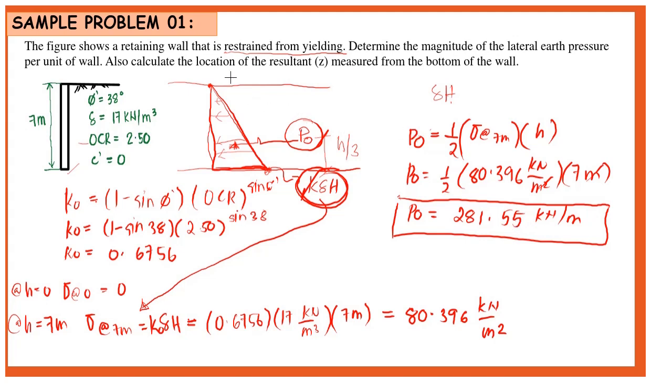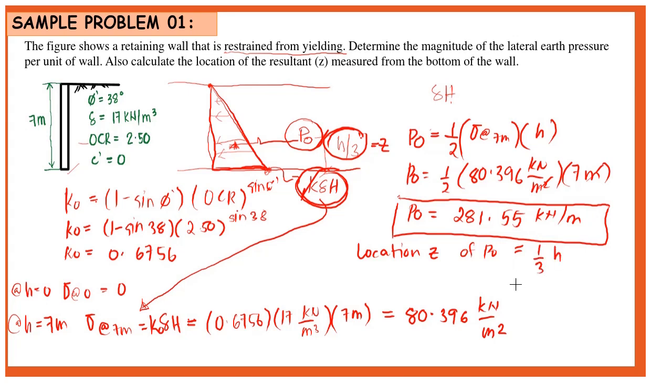And then we also have to calculate the location of the resultant D measured from the bottom. So we need to calculate this value that is equal to Z. So our Z, the location of P0, is now equal to 1/3 of our height.